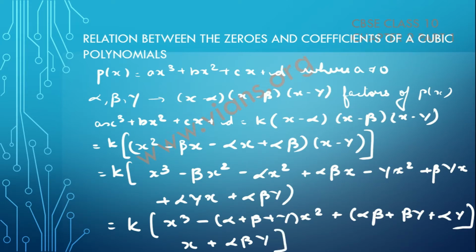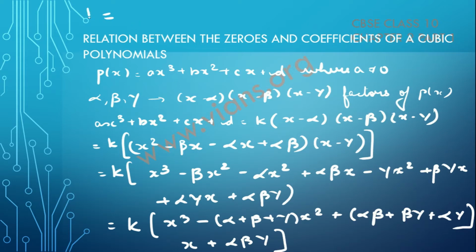x plus alpha beta gamma. Alright, so that is how you could write that particular equation. So now you could compare the coefficients. Your a would be nothing but your k. Minus of alpha plus beta plus gamma into k is going to be equal to b.